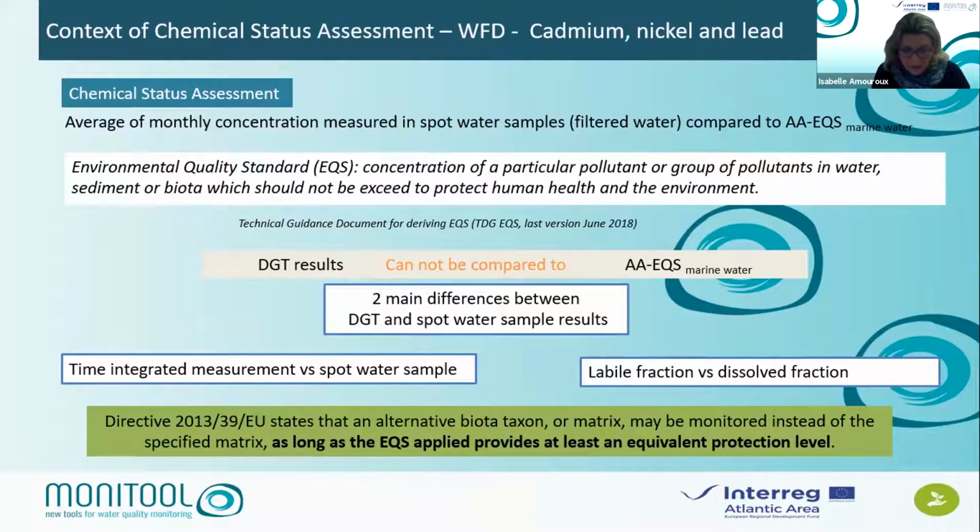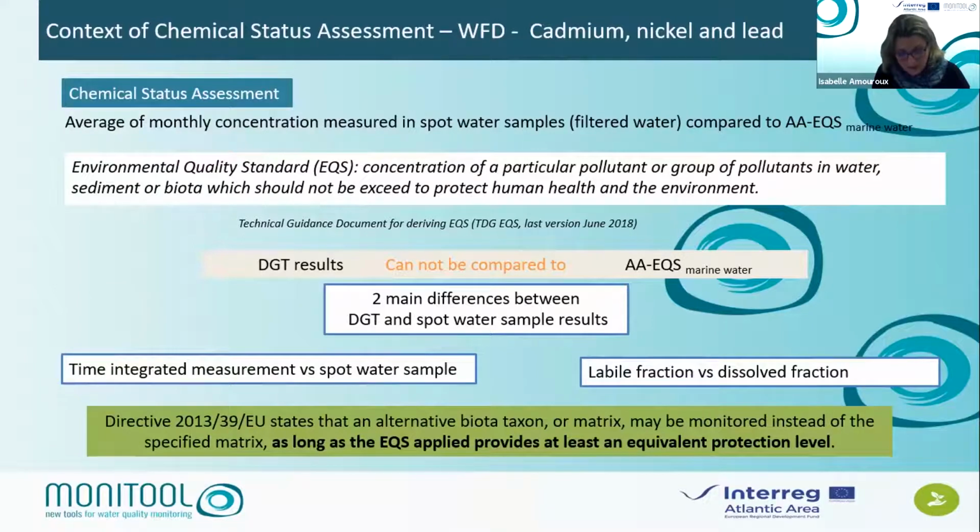Secondly, there is a difference in the fraction analyzed: labile fraction in DGT versus dissolved fraction in spot water samples. Different chemical forms are measured depending on the fraction considered. The labile fraction is described as being smaller than the dissolved fraction.